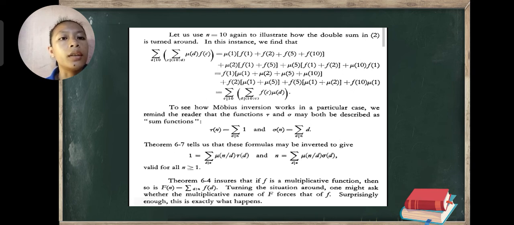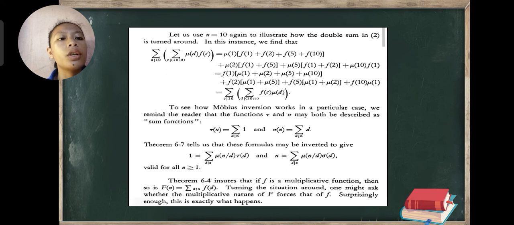Theorem 6.7 tells us that these formulas may be inverted to give 1 equals the sum over d dividing n of mu(n/d) tau(d), and n equals the sum over d dividing n of mu(n/d) sigma(d), valid for all n greater than or equal to 1. Theorem 6.4 ensures that if little f is a multiplicative function, then so is capital F(n) = the sum over d dividing n of little f(d).